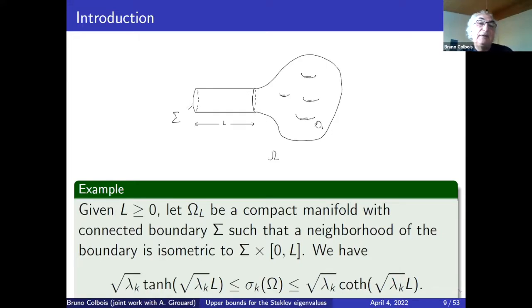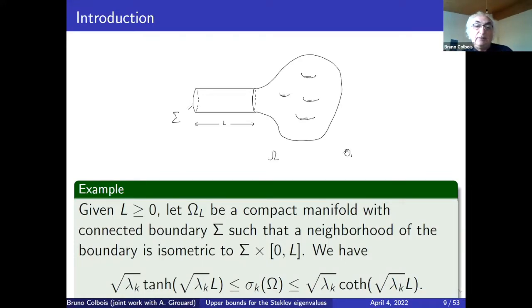So what is interesting here is that, of course, the geometry near the boundary is very specific. This is a product, but the geometry of this manifold here may be awful. I mean, I can deform it as I wish. It will make some deformation of the sigma k, but you always have this very nice estimate.